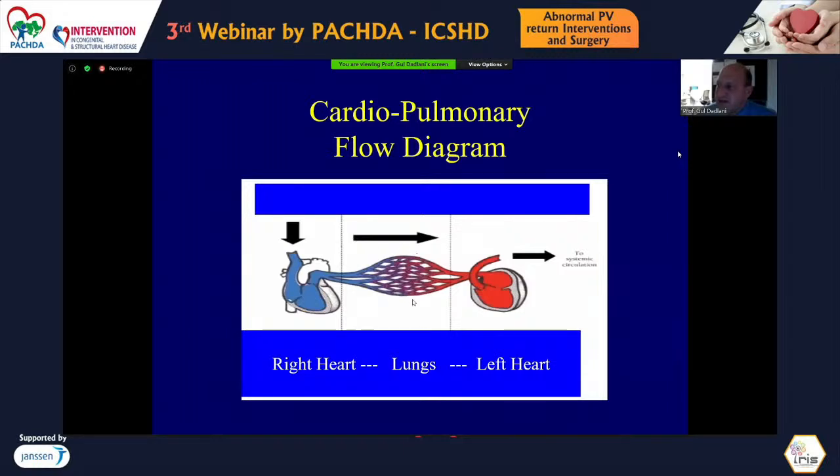We pick up oxygen in the lung bed, and then that gets returned back to the left side of the heart. So when we look at etiologies of pulmonary hypertension, we have to look all the way through the circuit. So we can have issues in terms of left heart failure that can cause backup into the lungs. We can have issues with our pulmonary veins returning back to the left side of the heart. We can have primary lung-related issues, or we can have pulmonary artery issues that can all elevate our right-sided pressures as we detect those on our cardiac catheterization.